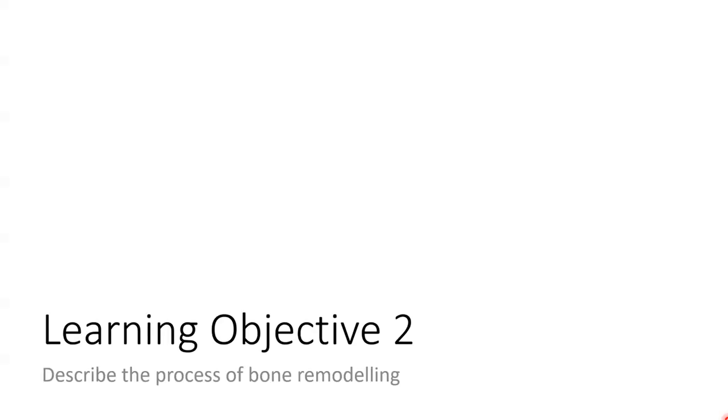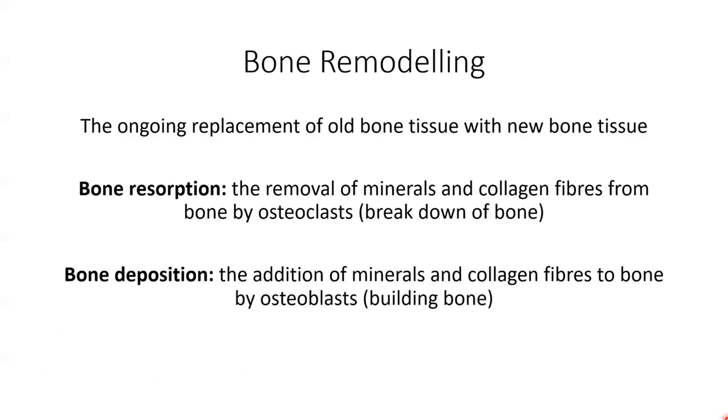Like many other tissues in our body, such as our skin, bone forms before birth but is continually renewing itself thereafter. Bone remodeling is the ongoing replacement of old bone tissue with new bone tissue. So bone remodeling involves bone resorption, so not reabsorption, resorption, which is the removal of minerals and collagen fibers from bone by osteoclasts.